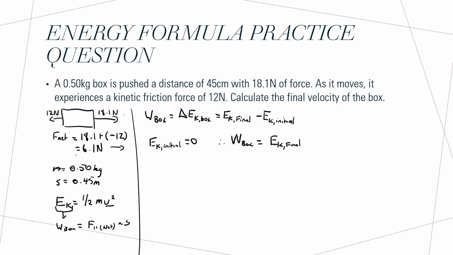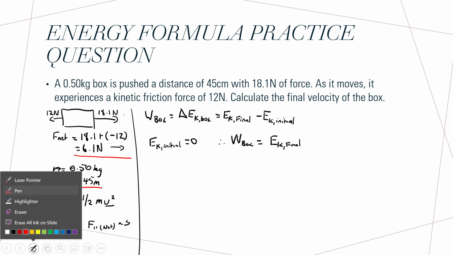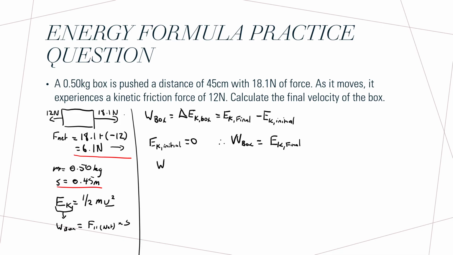So in this case, the net force applied to the box as well as the displacement are both parallel to each other, so we don't have to do any trigonometry. We can just substitute those numbers straight in. So here that means work done on the box is equal to F net times s, which is equal to 6.1 times 0.45, which is 2.745 joules. And that, again, is our kinetic energy.